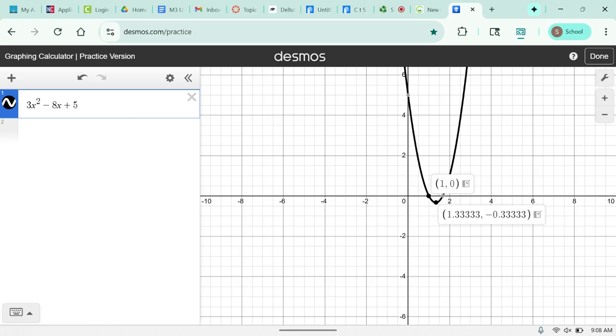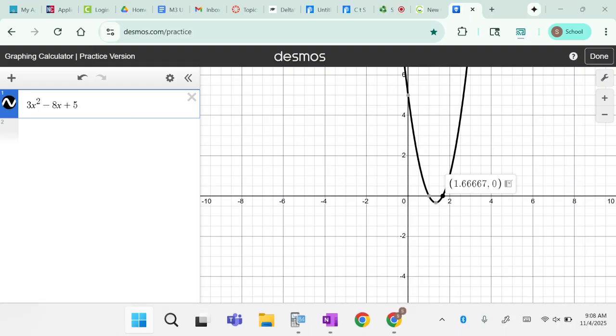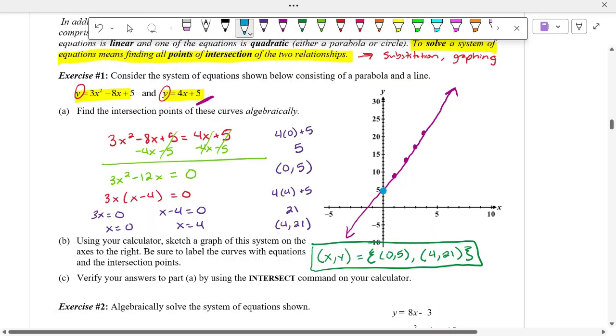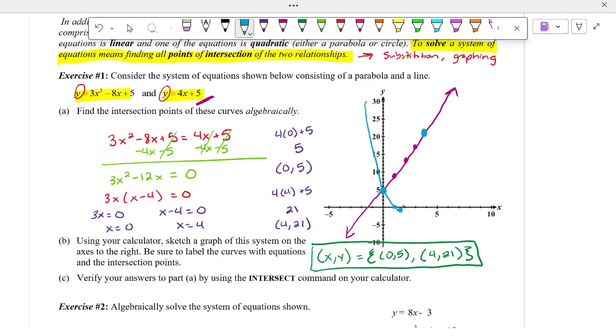Ugly vertex, less ugly x-intercepts. All right. So we can just guess and check a little bit. So our vertex is around between 1 and 2, and it's about close to negative 1. So our vertex would be somewhere about right here. Then we have a y-intercept here, and we know at some point it intersects here as well. So this would be our other graph.